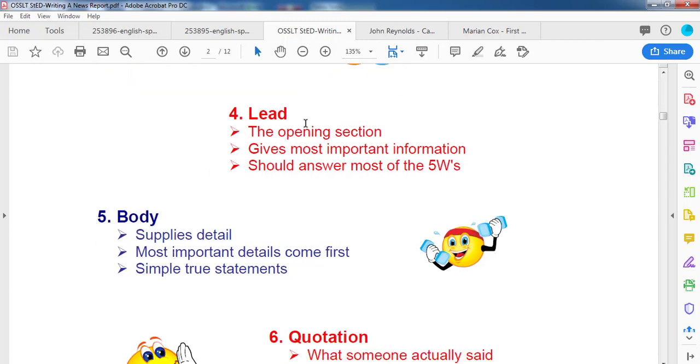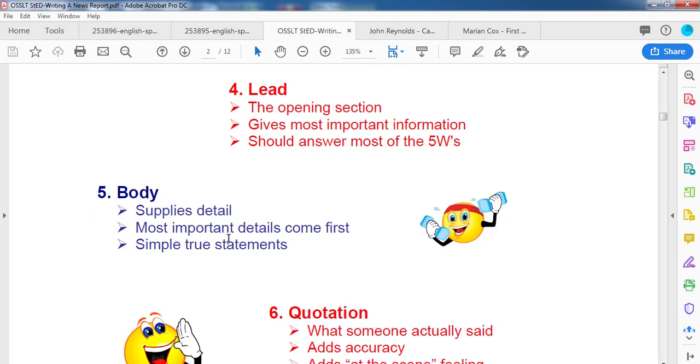And leave how to the body. So the lead paragraph is a part of the body, but you will start your body paragraphs by writing the lead paragraph. It's like a summative paragraph, including or telling everything happening inside the newspaper report.